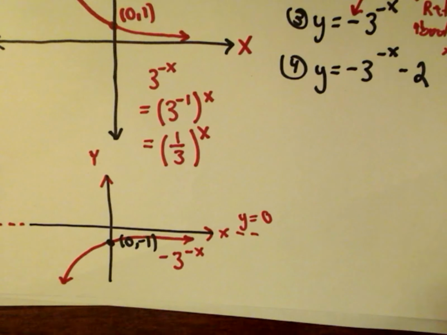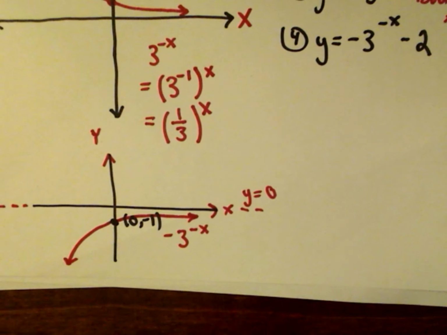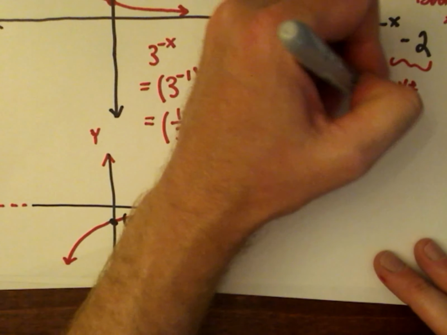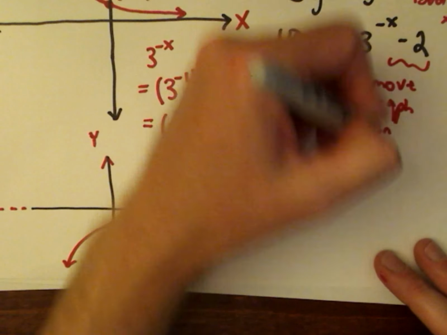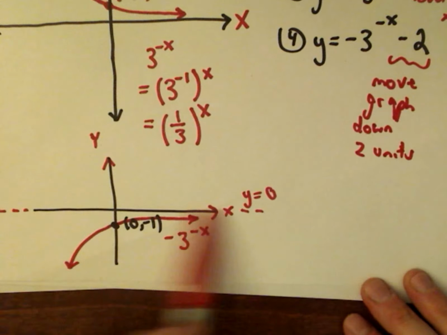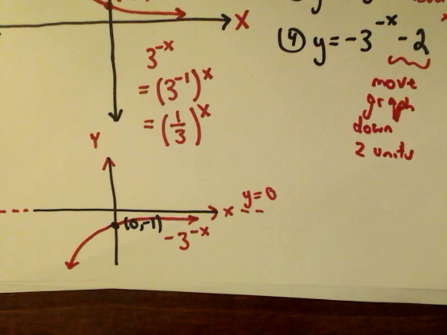Well, now we're going to take the graph of -3 to the -x, which we've done a real rough sketch of here. The -2 is going to move the graph down 2 units. So I'm going to start off just by graphing the asymptote. I'm going to graph this point that was sitting on the y-axis.